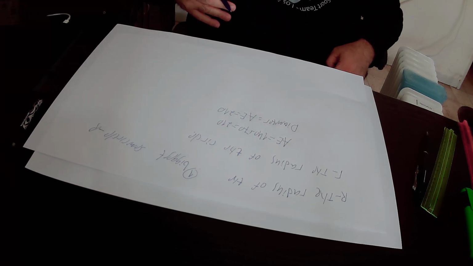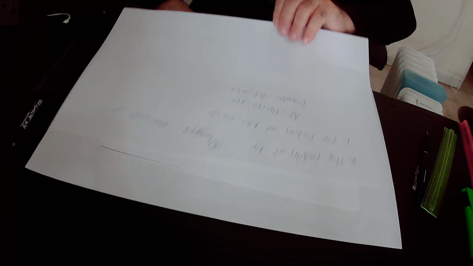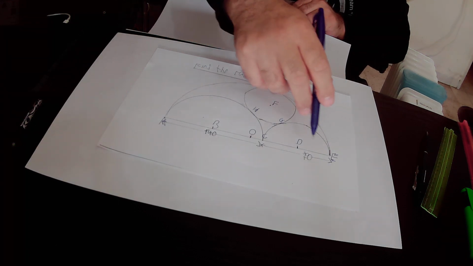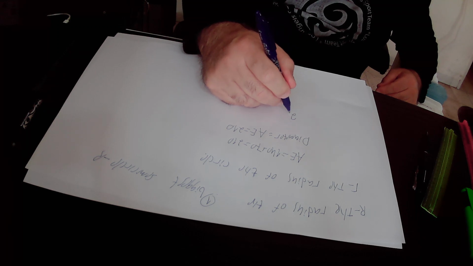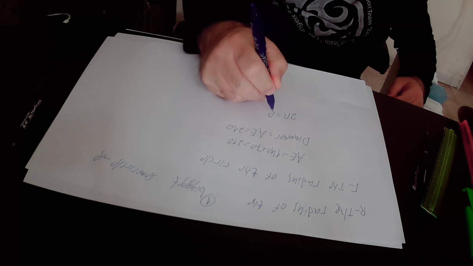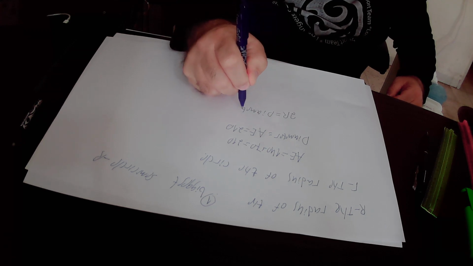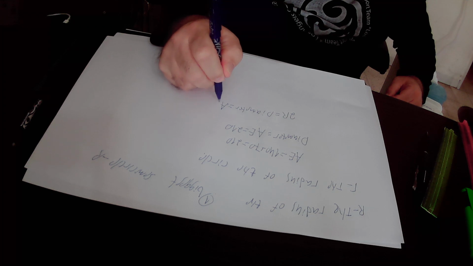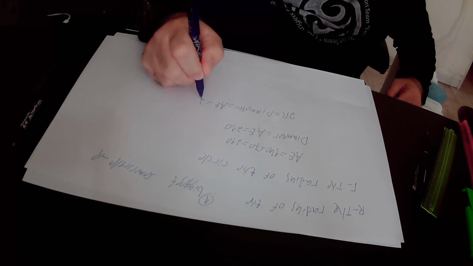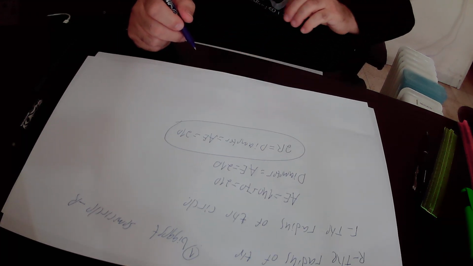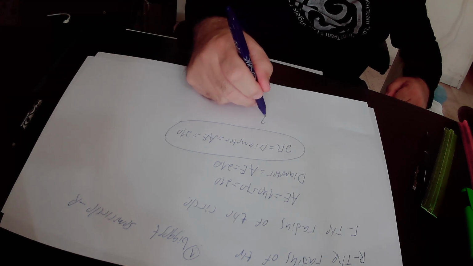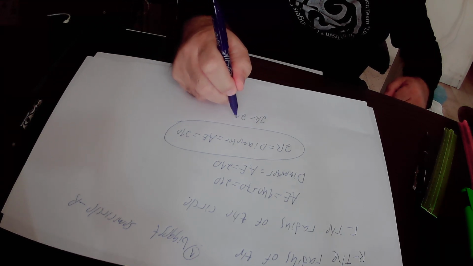And we know that the diameter of any circle or semicircle is twice as long as the radius. Because of the fact that we define the radius of the biggest semicircle as capital R, it means that the diameter must be equal to 2 times capital R. And from this equation, we will derive that 2 times capital R equals to 210.